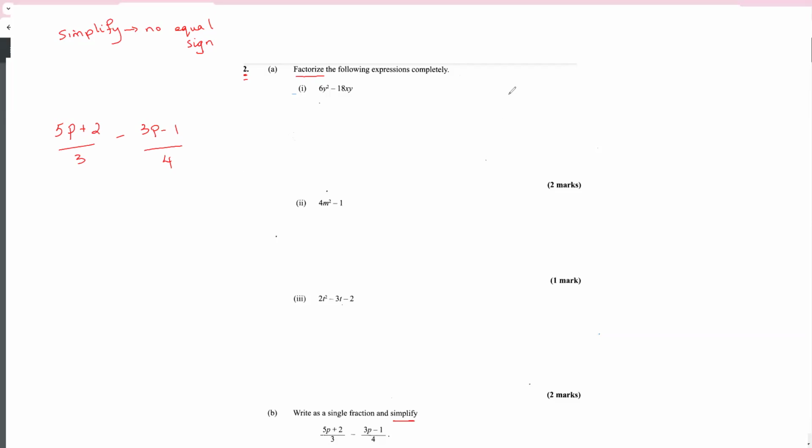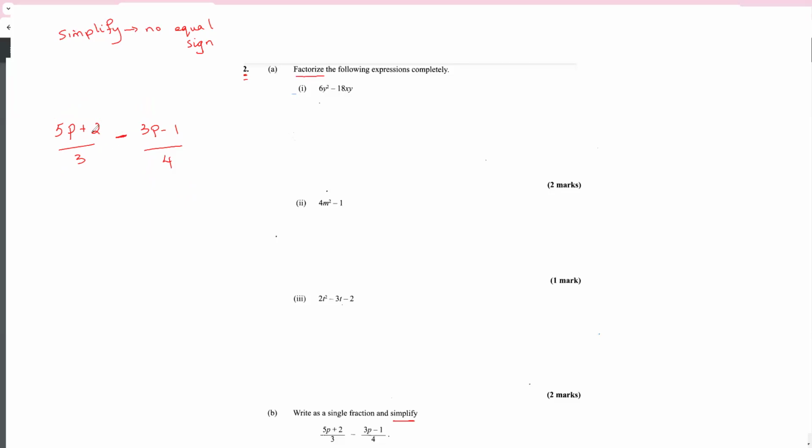Anytime we have a fraction plus or minus another fraction, and it asks us to simplify it, apply your regular rules when it comes to fractions.